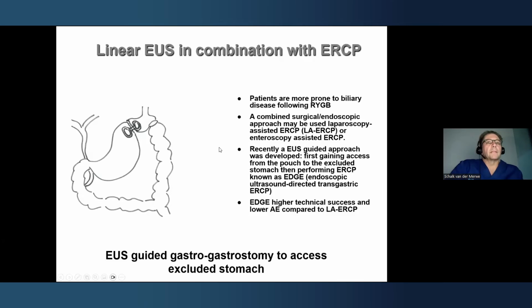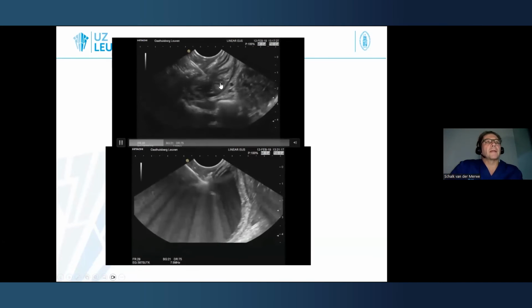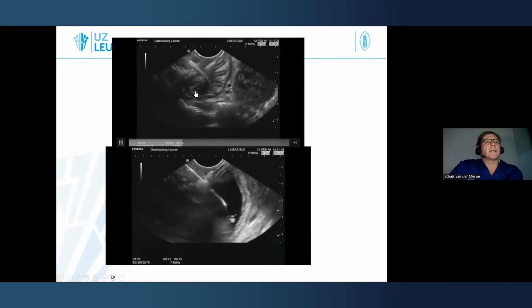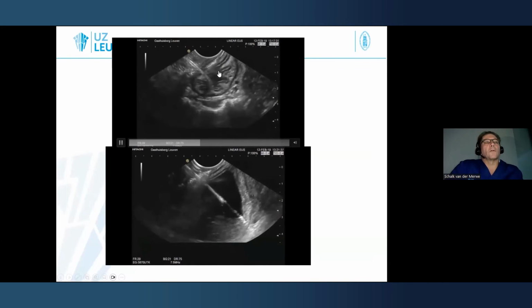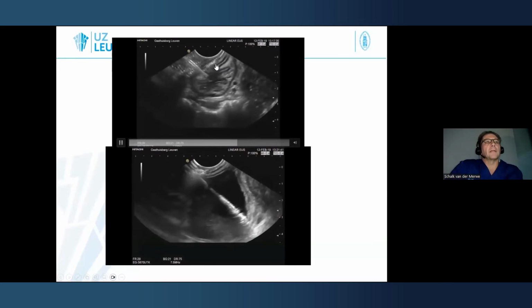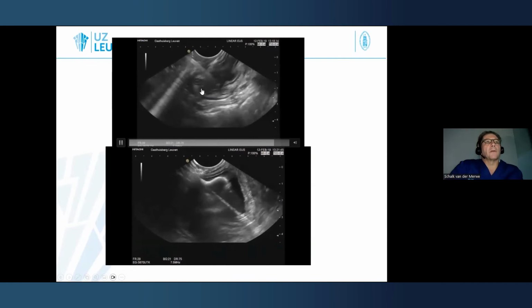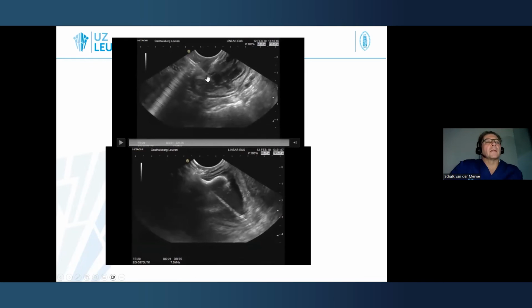Also known as the EDGE technique, endoscopic ultrasound directed transgastric ERCP. The principle of this is, again, the endoscopist needs to recognize the anatomy. In this case, the excluded stomach can normally be recognized quite easily by rotating the endoscope to face laterally, identifying the folds of the stomach, and then using a 19-gauge needle under EUS guidance.